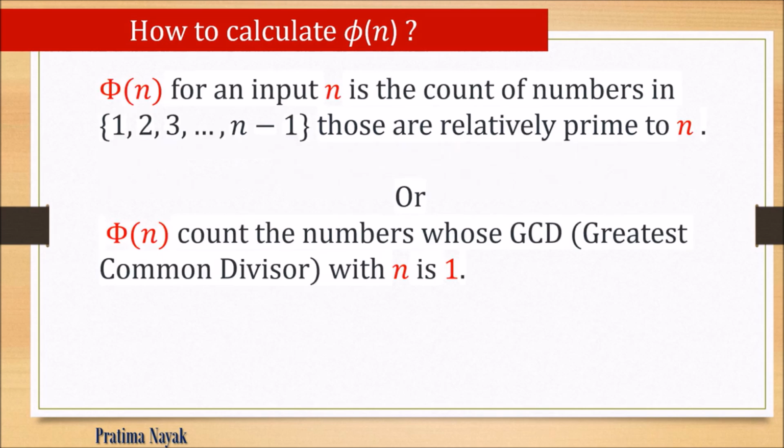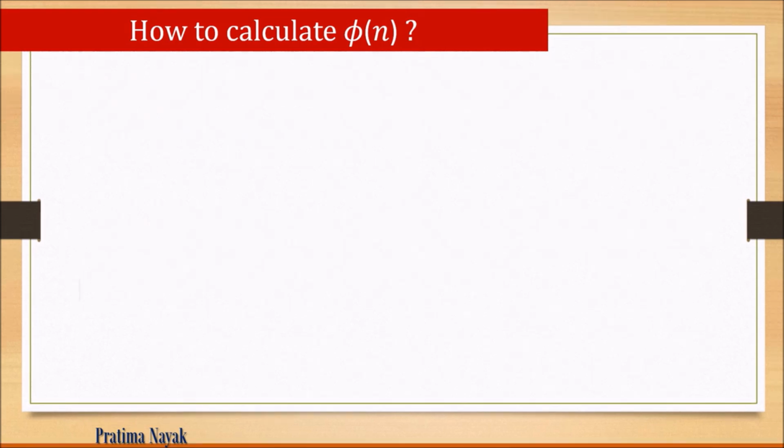Or phi of n counts the numbers whose GCD, greatest common divisor, with n is 1 and the number is less than or equal to n. So let us find one by one. First is phi of 1. Phi of 1 is 1 because GCD of 1 and 1 is 1. We don't count 0.